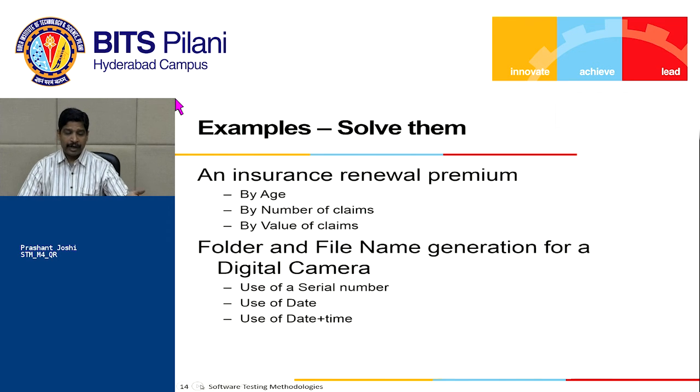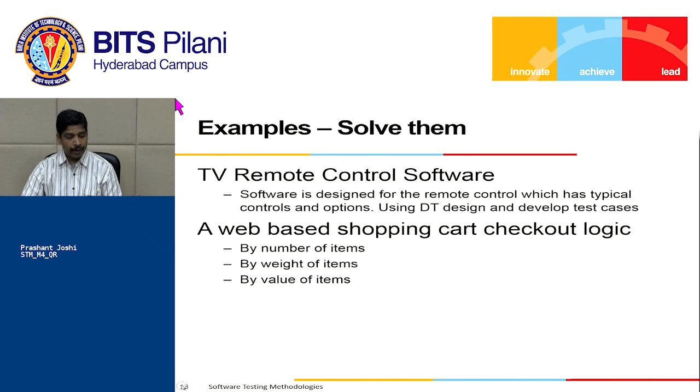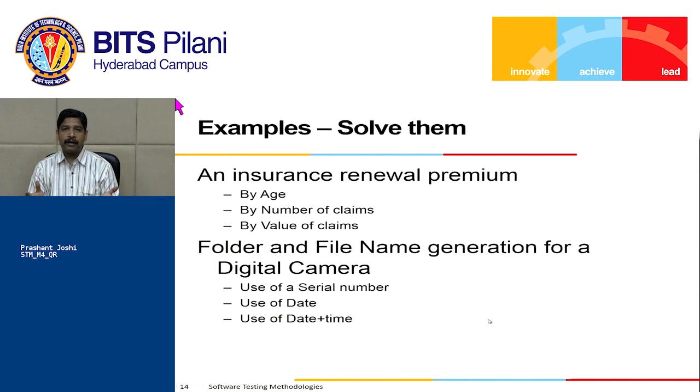Or problems which are involving insurance renewal premiums. Again, most of these problems, in fact, the 4 problems that we looked at were very clearly decision oriented, and a tabular mechanism like decision tables would definitely help us solve this problem from a design perspective as well as from a test perspective.